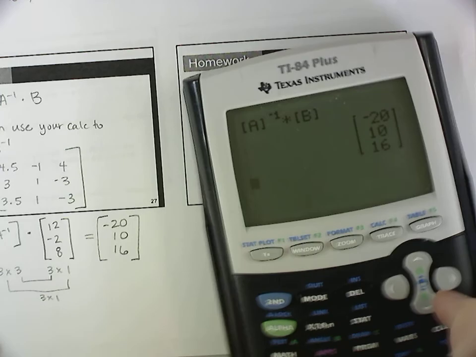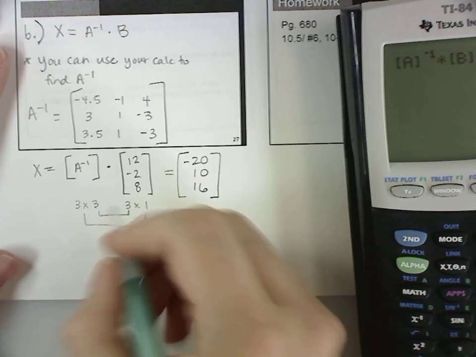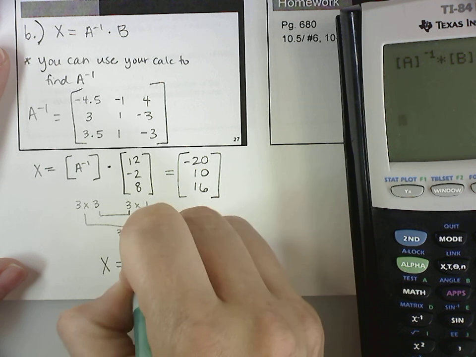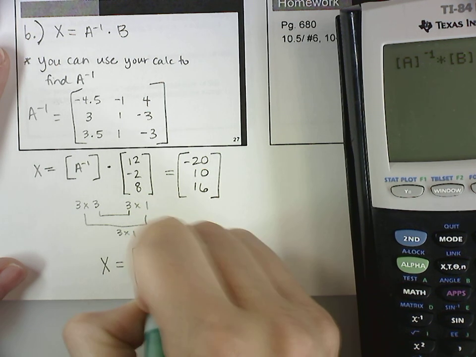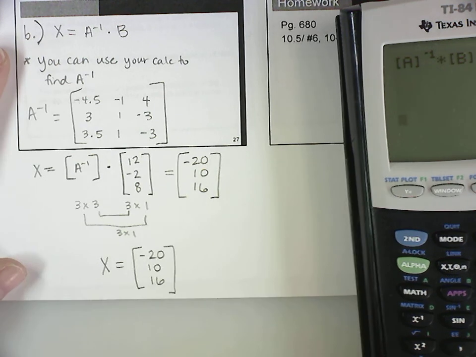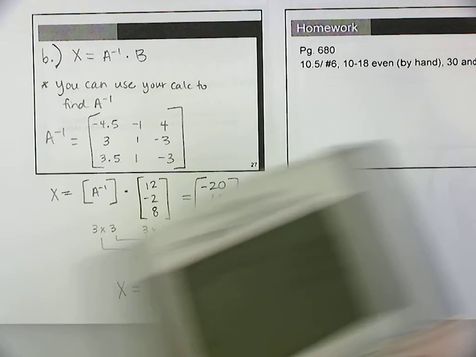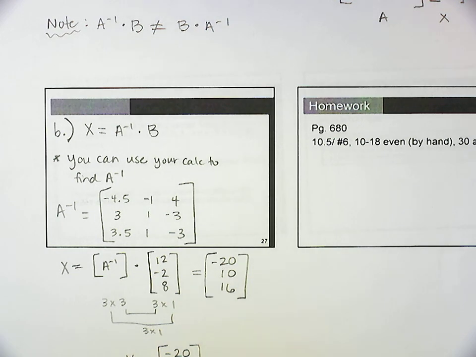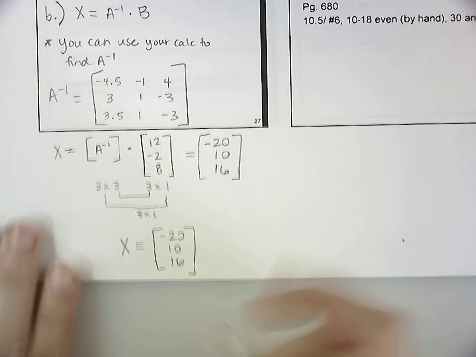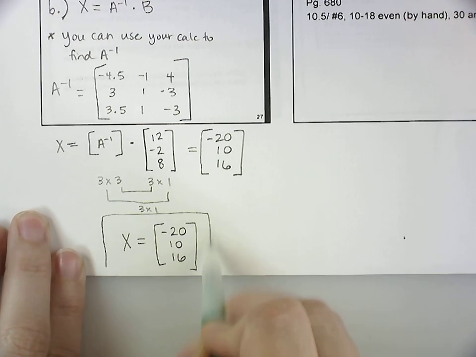Okay, so then this is going to be x equals negative 20, 10, and 16. Okay, so this is going to be your final answer.